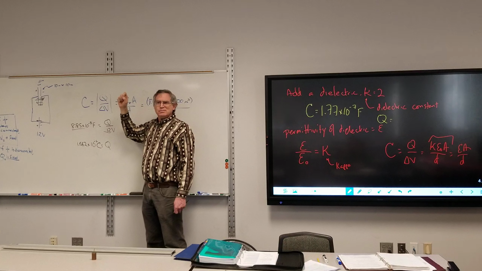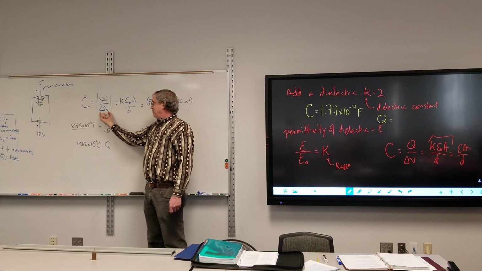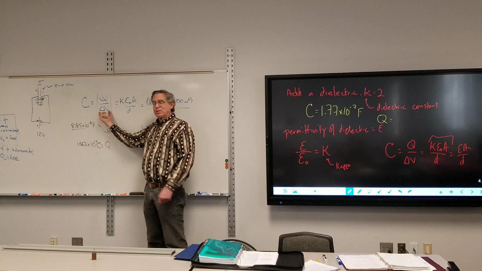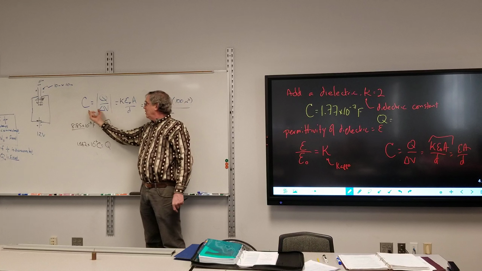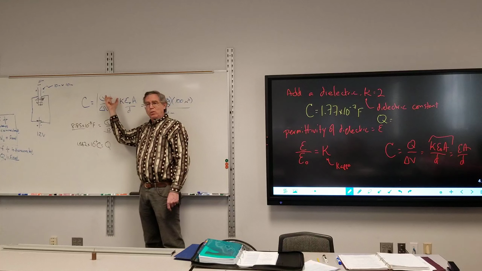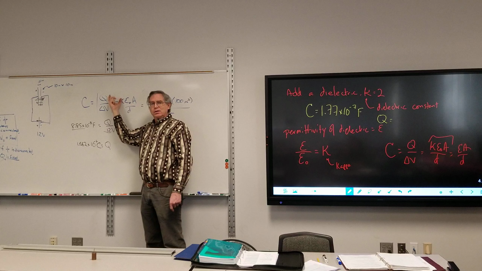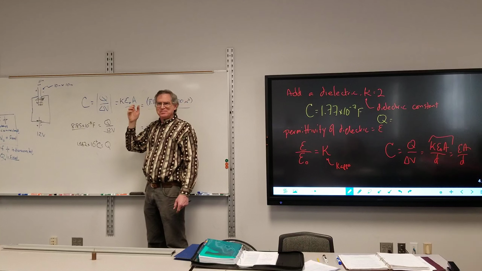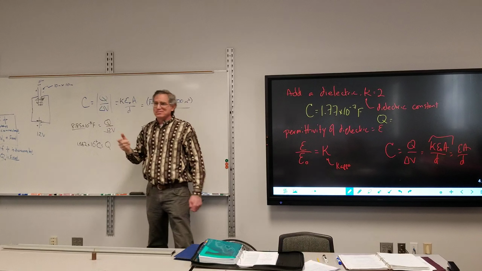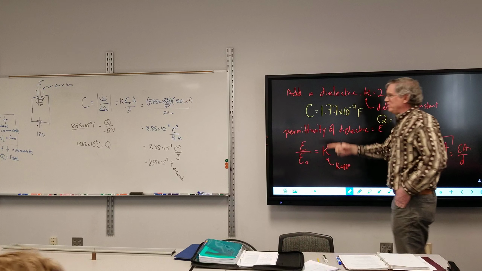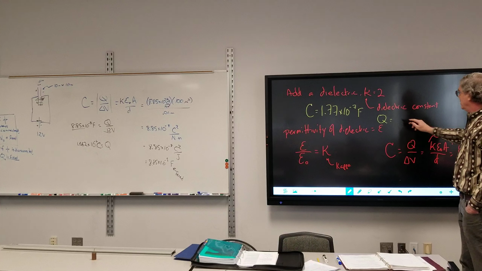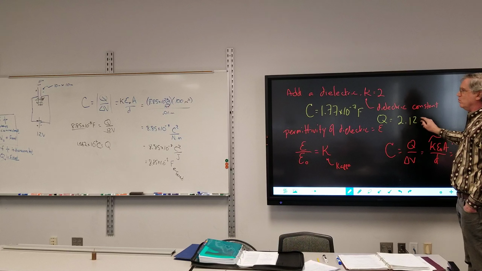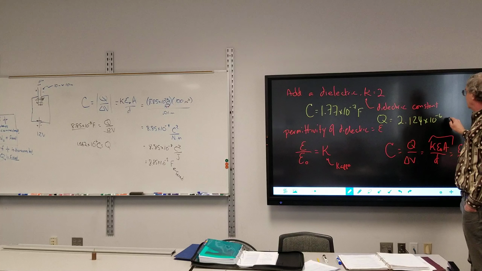If my voltage stays the same, because it's still connected to the battery, and my capacitance doubled, what will happen to the charge? Increase. How much? Double. Yeah, it'll double. So my charge is going to be twice what I had before, which apparently is 2.124 times 10 to the negative 6 coulombs.